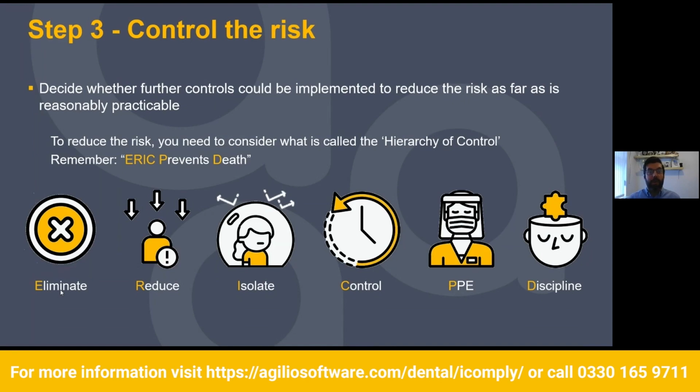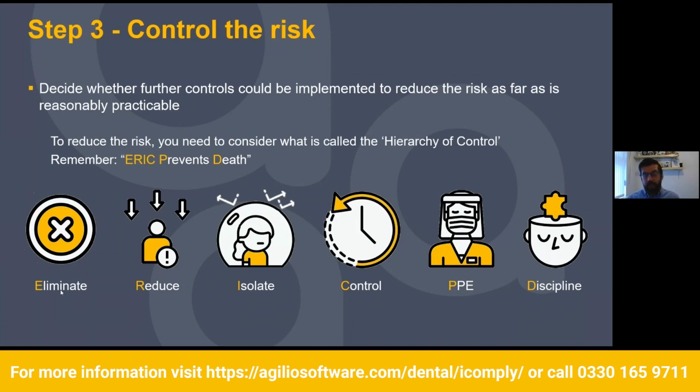But for example, putting a rectangular collimator onto the head of the intraoral X-ray unit means that we're reducing the amount of exposure that the patient is being subjected to. So we can't eliminate it, but we can certainly reduce it. Same example using paints: if you've got a toxic paint but you need that paint, replace it with a less toxic version. So you're reducing the severity of that particular hazard.